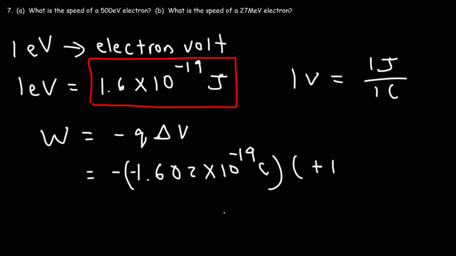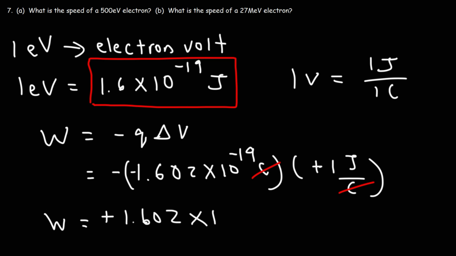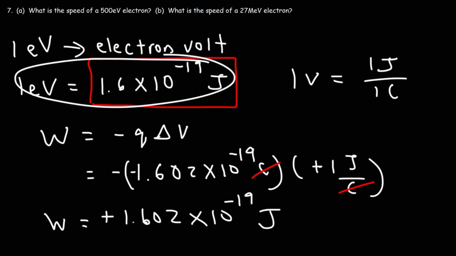And instead of writing 1 volt, I'm going to write 1 joule per coulomb. So you can see that the unit coulombs will cancel. And so the work done on that electron is positive 1.602 times 10 to the negative 19 joules. So that's how much kinetic energy the electron acquires when it is accelerated through a potential difference of 1 volt. So make sure you know this conversion.